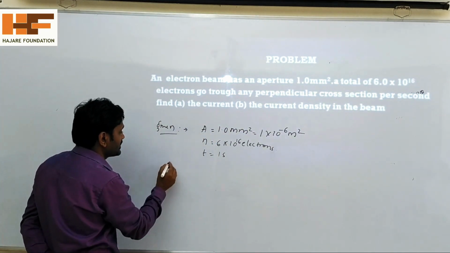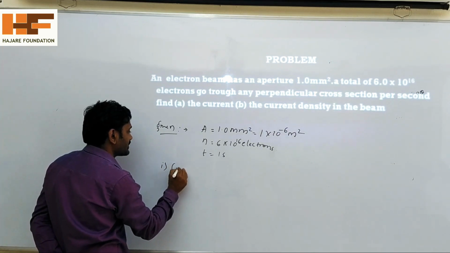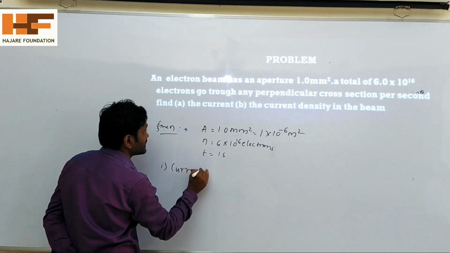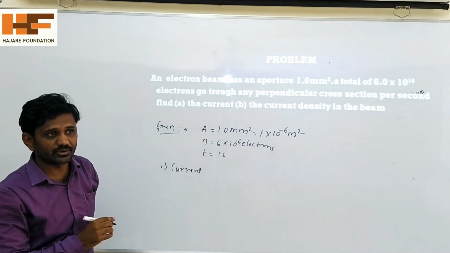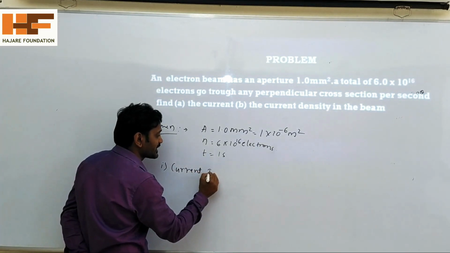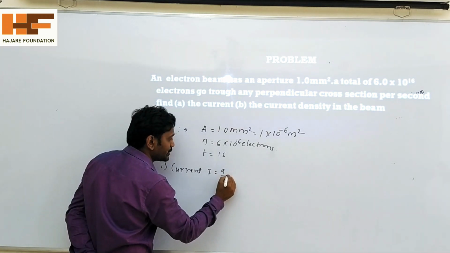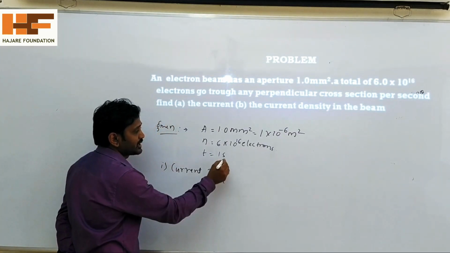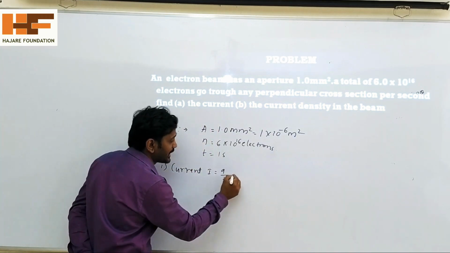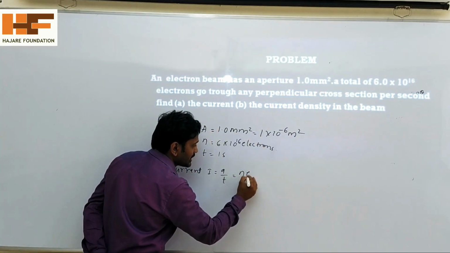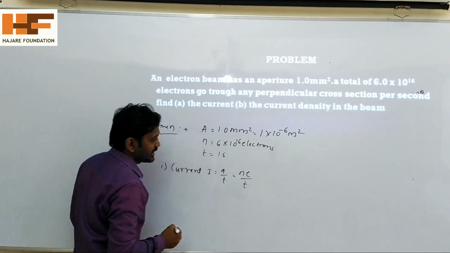First, the current. How can you find the current? That is I is equal to Q divided by t. Here they have not given the charge flow, they have given the number of electrons flowing. That's why Q is equal to n e, so I is equal to n e divided by t.